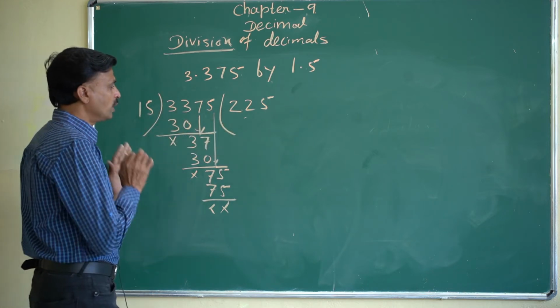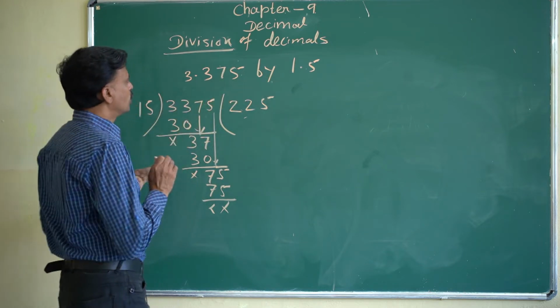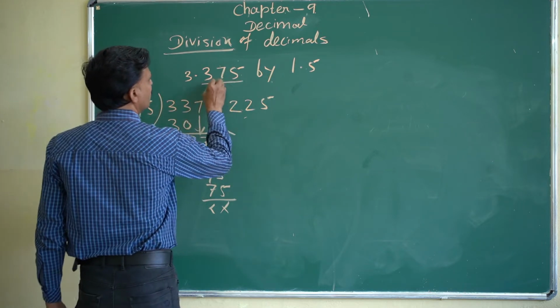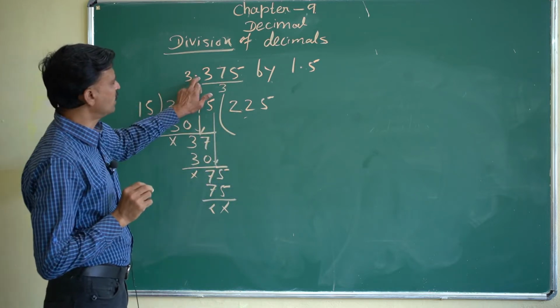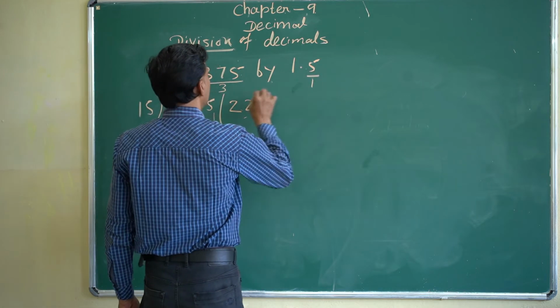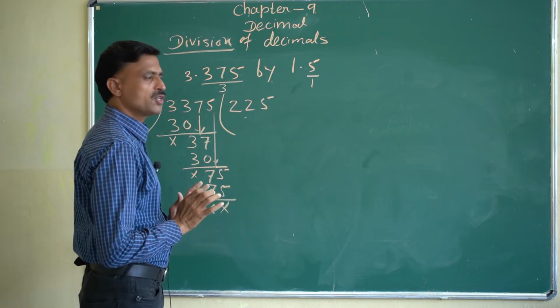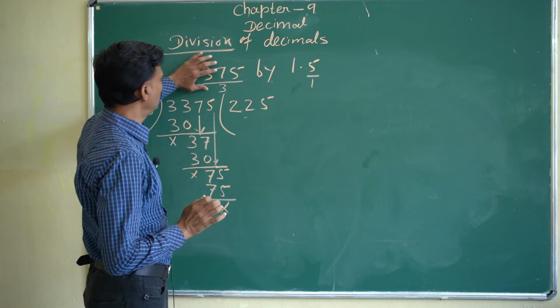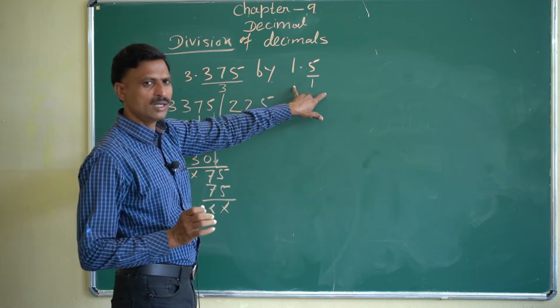Now the question is where the decimal will come. Since we are dividing decimal numbers, you count how many digits are there after the decimal. Attention, it is very important. How many digits are after the decimal here? 3, and here it is 1. In multiplication, while multiplying two decimal numbers, we were adding the number of digits after the decimal.